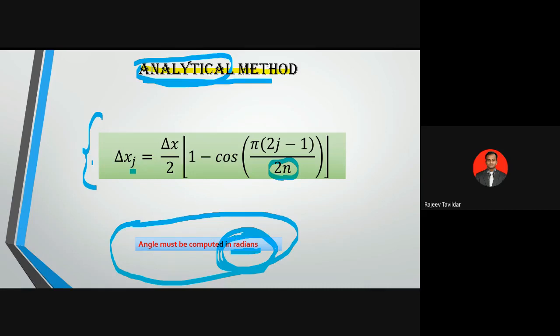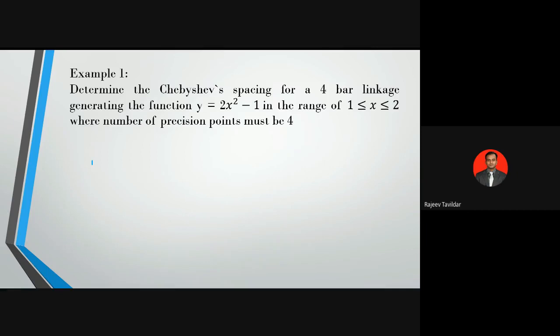Okay, so having said this, let us take up the example which we have already solved. This is example one, which we have already solved using the graphical method. We have got some answers. Let us compare these answers while we are doing it analytically.